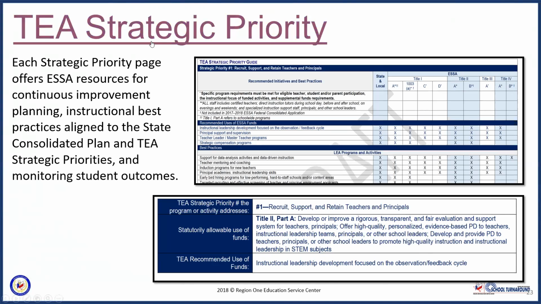So this is just an example here: recruit, support, retain teachers and principals. So the reason I show you that is when you're looking at programs and activities, you look at this page, it'll show you a couple of different strategies like support for data analysis activities and data-driven instruction, and you see there's funding sources there. So that's a great resource for you to have as you're looking at what are some different program activities that we can put into place to address these needs that we have.